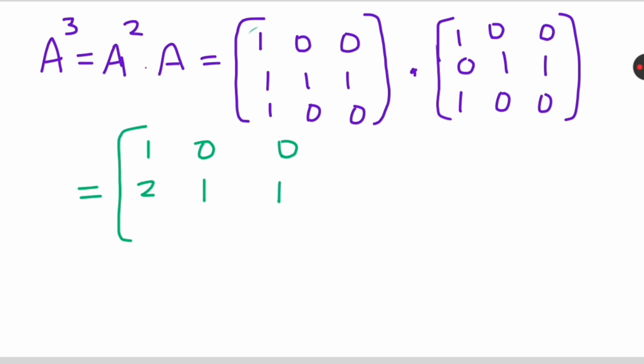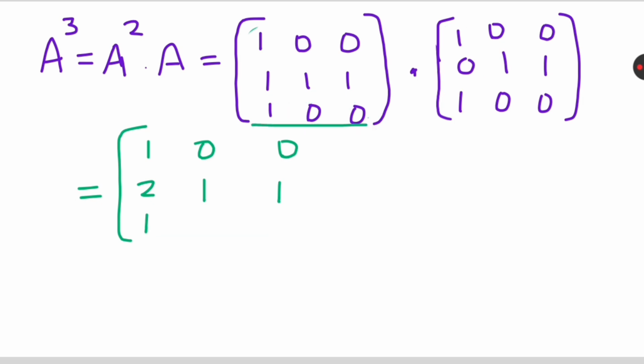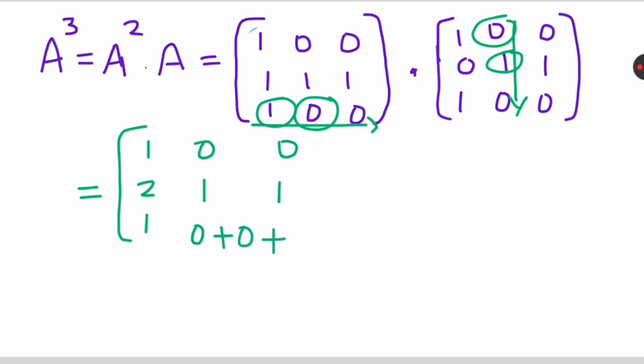Now we have to do with the third row. So third row, first column. 1 times 1 is 1, plus 0 times 0, 0, plus 0 times 1, 0. So we are getting only 1 here. Now third row, second column. 1 times 0, 0, plus 0 times 1, 0, plus 0 times 0, that is also 0.